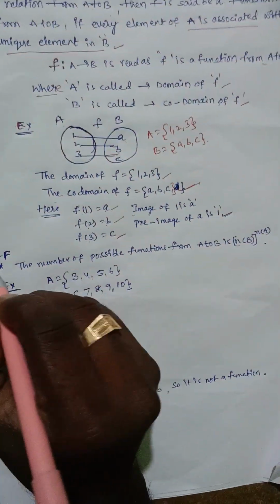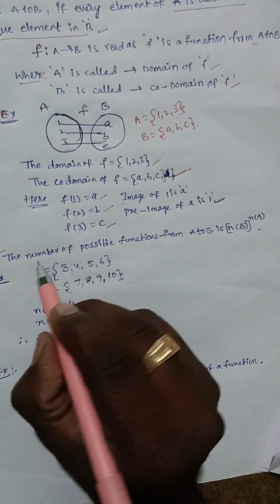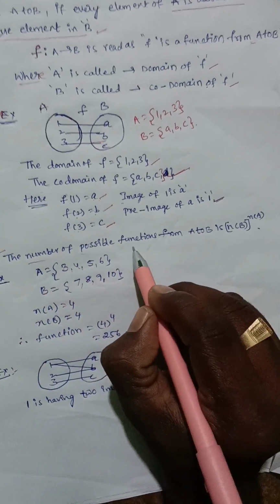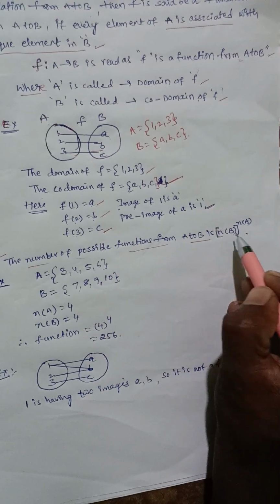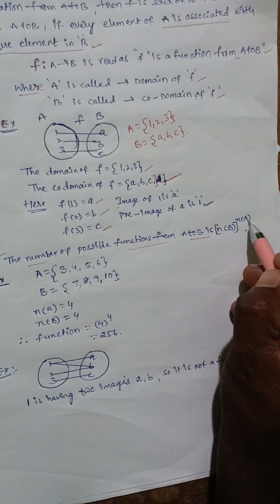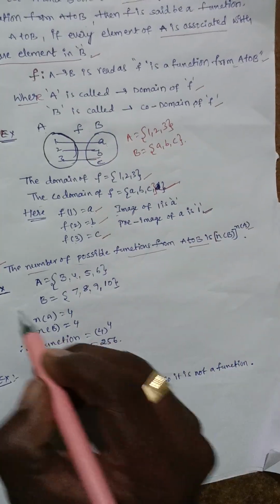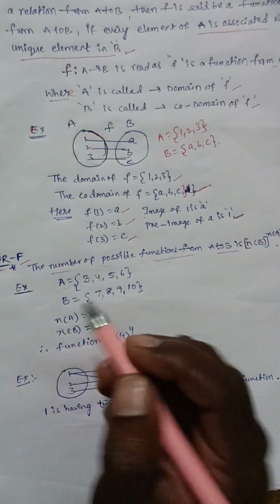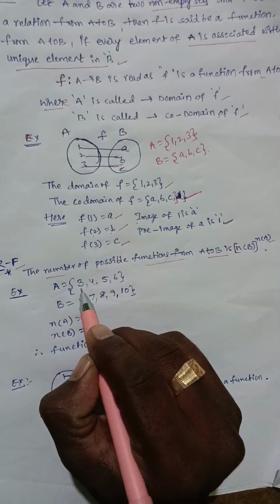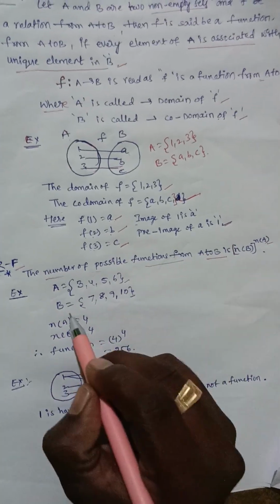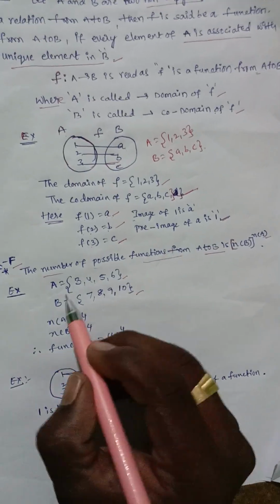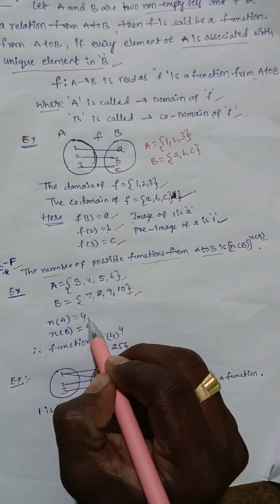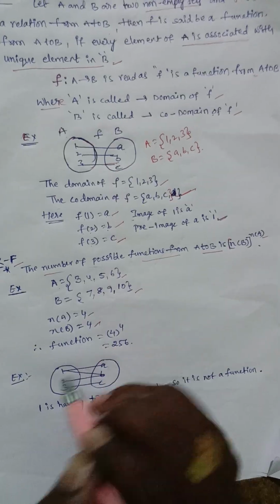Here is one formula: the number of possible functions from A to B is n of B whole to the power of n of A. An example: I am taking set A as 3, 4, 5, 6 and set B as 7, 8, 9, 10. Now n of A is 4 and n of B is 4.